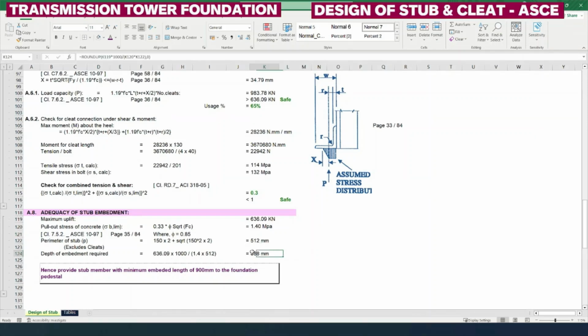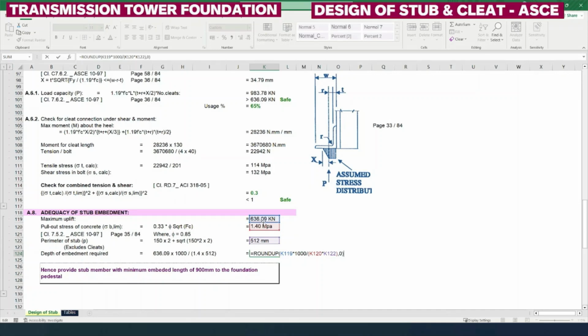Finally, the depth of embedment required needs to be calculated based upon the maximum uplift, 636.09 kilonewton, which is converted into Newton by multiplying by 1000, and that is divided by the pull-out stress and the perimeter of the stub.